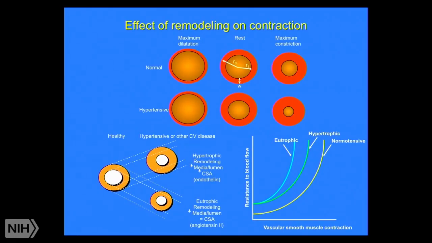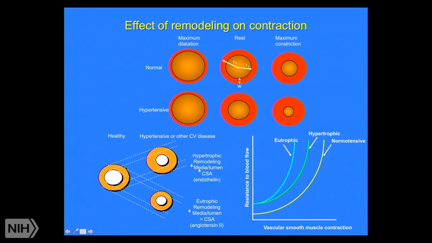And different studies, going back to Bjorn Folkow, have suggested that in fact, when remodeling of vessels is eutrophic, vascular constriction will generate more resistance than when remodeling is hypertrophic or in comparison to the normotensive individual.